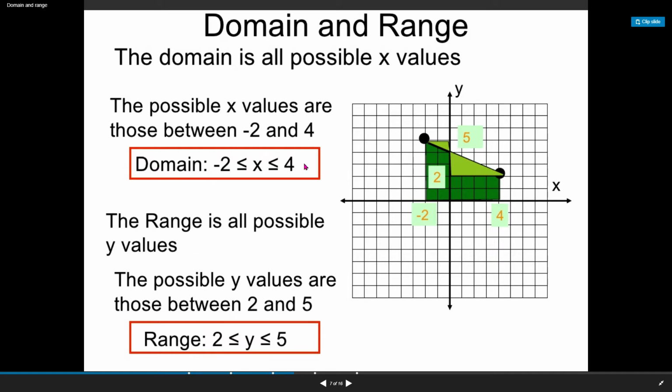So domain, I can cover the signs again in a separate video. Just so you guys know, if it's a closed circle, it'll be less than or equal to. And if it's an open circle, it'll just be less than or greater than. Okay? So in this case, because it is closed, it's going to be less than or equal to. So we can say -2 is less than or equal to x, which is less than or equal to 4.